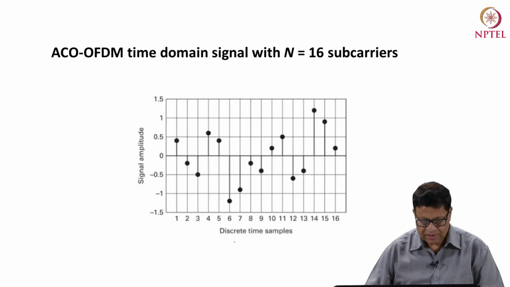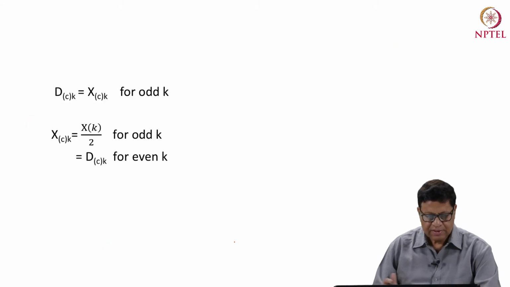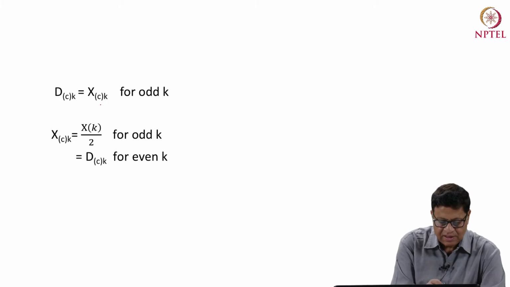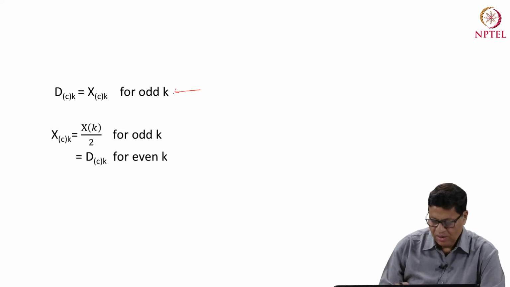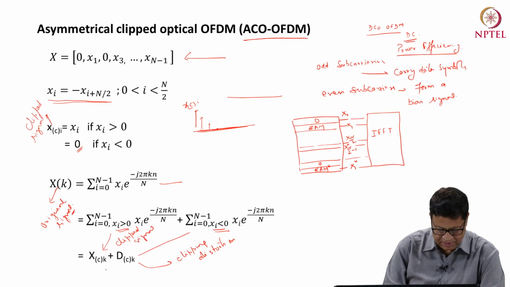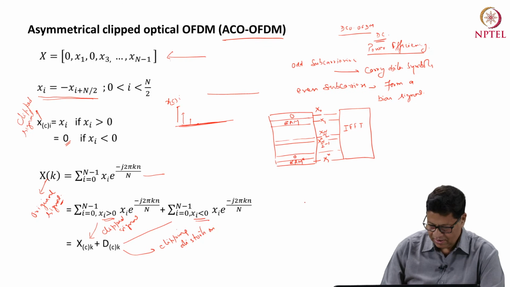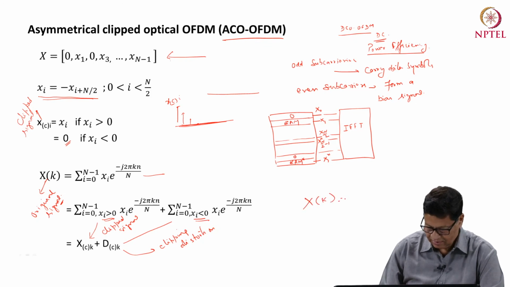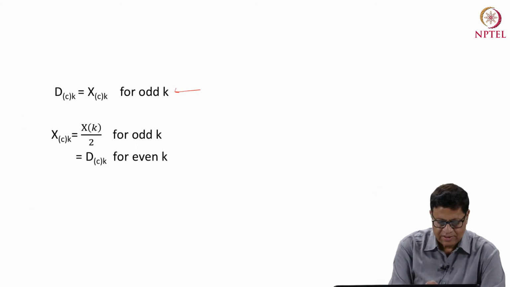It can be shown that this D_ck, that is the distortion signal, is equal to the clipped signal for odd subcarriers. And if you put this value in the expression X_k equal to X_ck plus D_ck, what you get is X_k by 2.